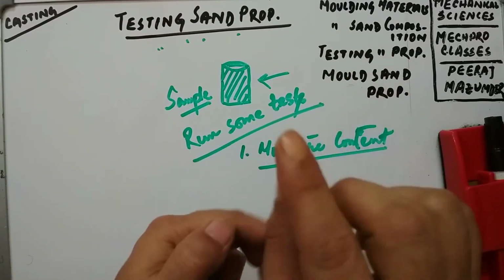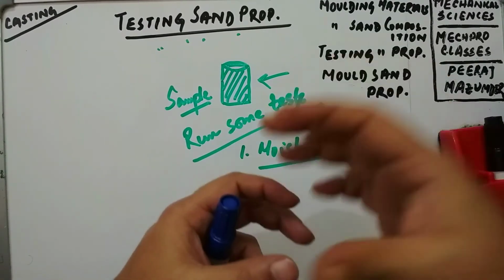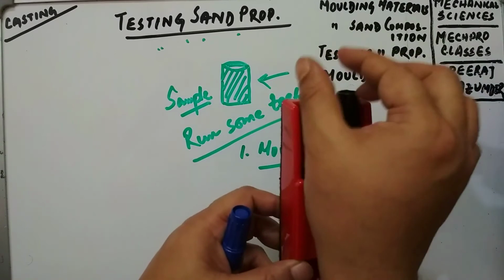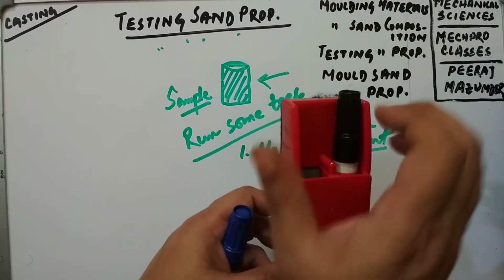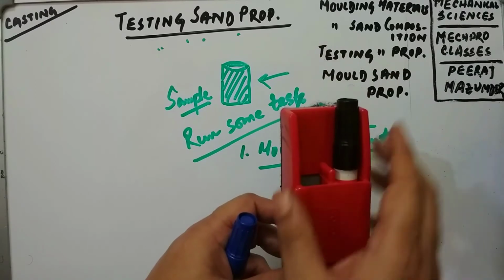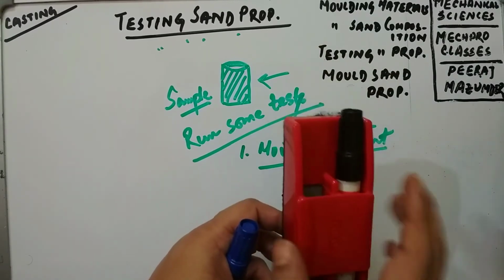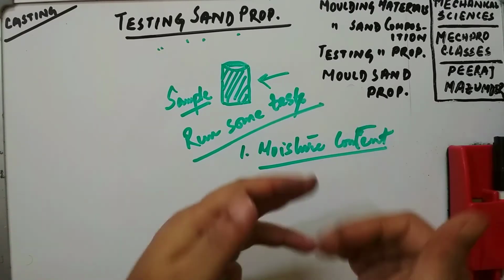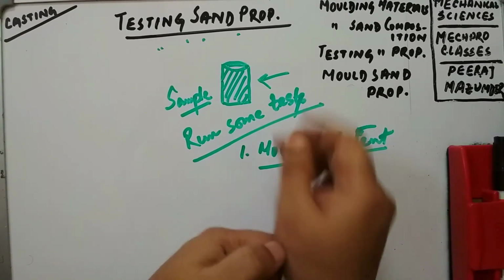You can take the reading on the pressure gauge outside the kit, and from that reading, using a given chart, you can determine the moisture content of that sample.